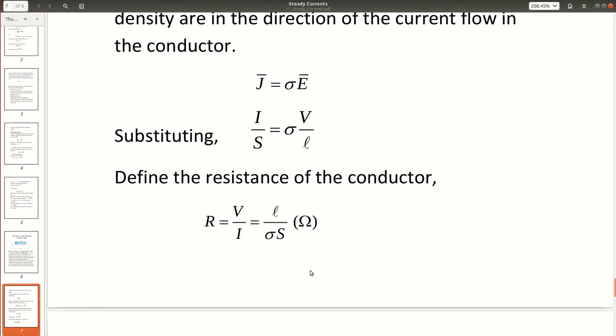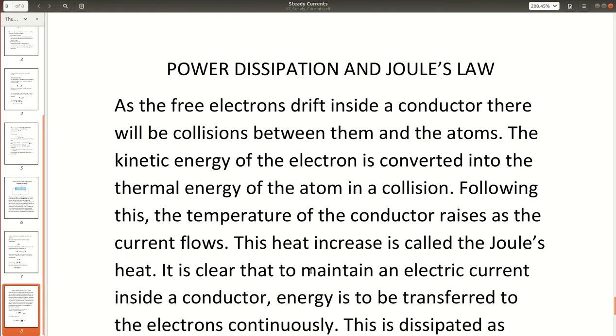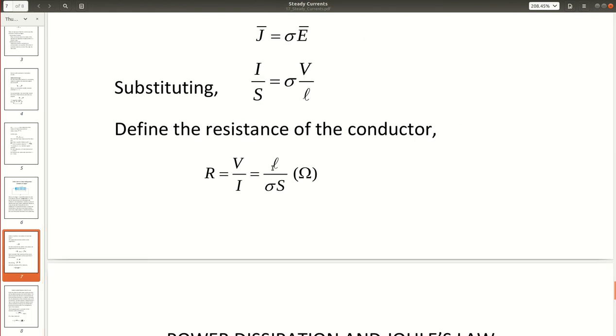This is the resistance, in ohms, and this is what we know. It depends on the conductivity and the length of the conductor and the surface, the section area.